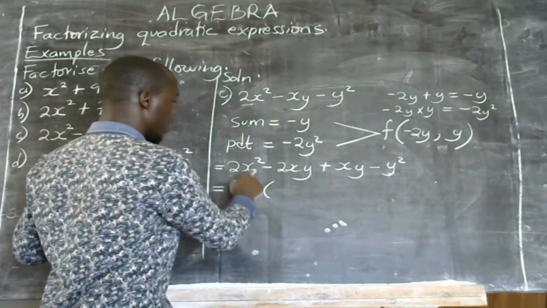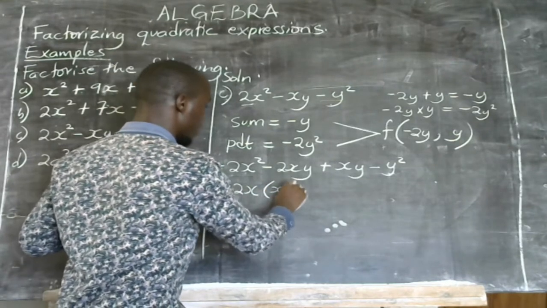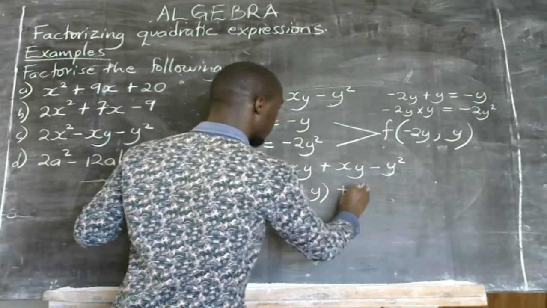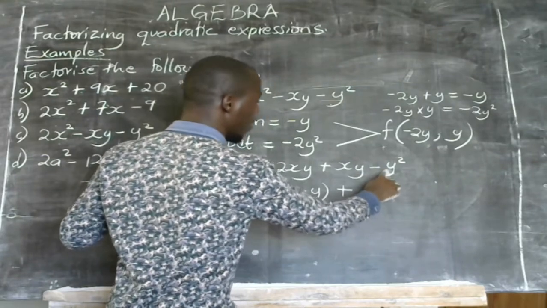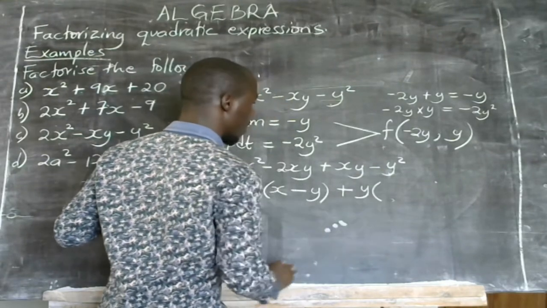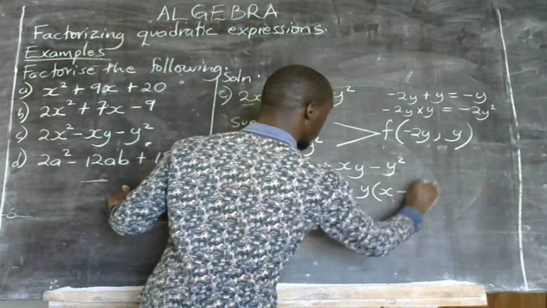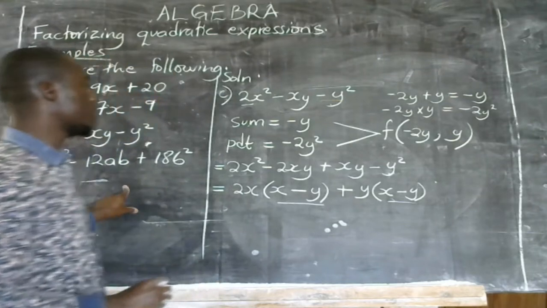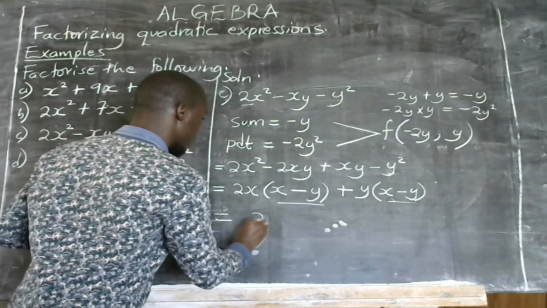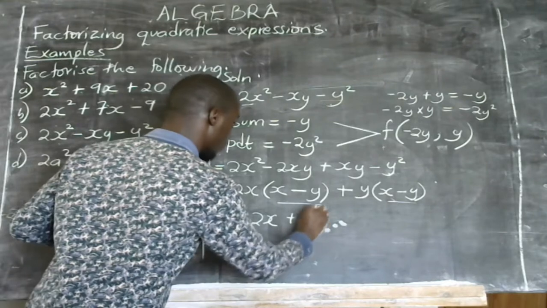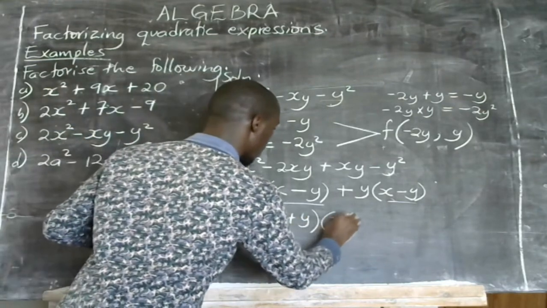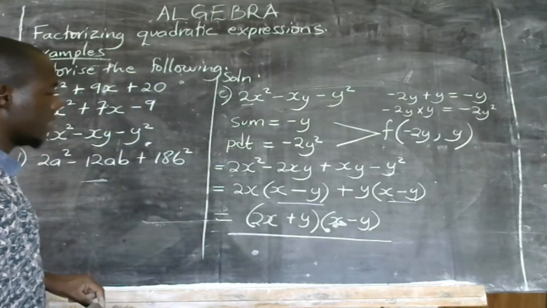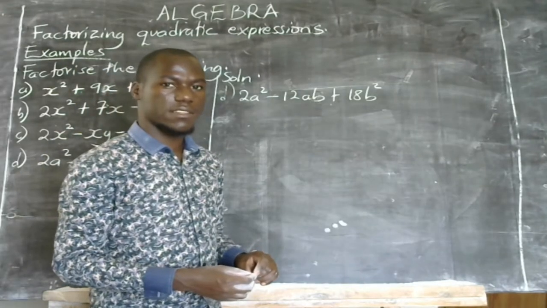When I remove it out, here I'll be left with x, then a minus y, then plus, when I factorize here, y is common. When I pull it out, here I'll be left with x minus y. You can see that this bracket is the same as that bracket. So factorizing further, this is going to be (2x plus y) into (x minus y). As simple as that.